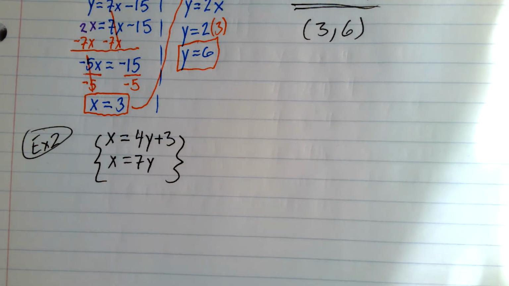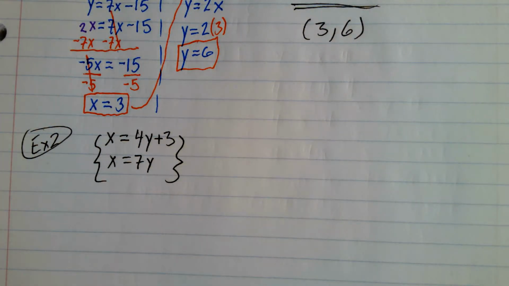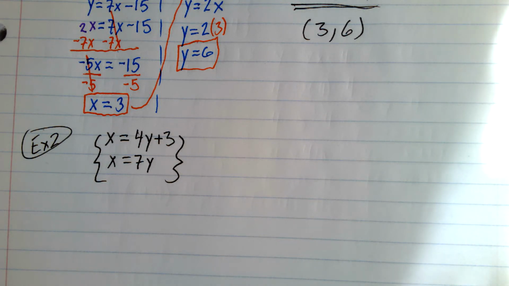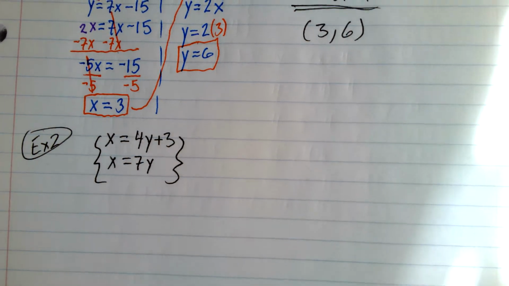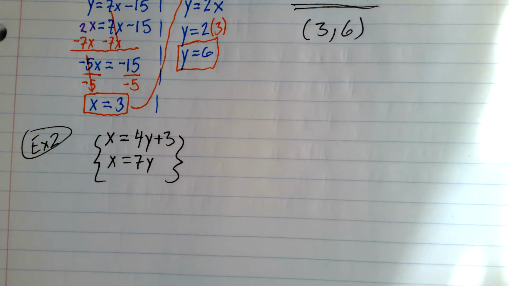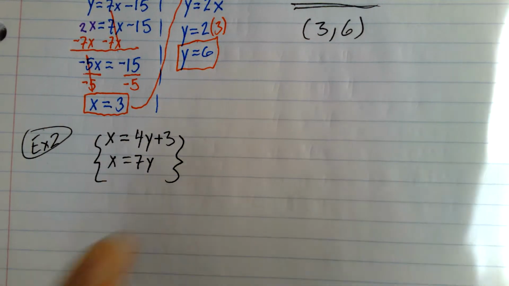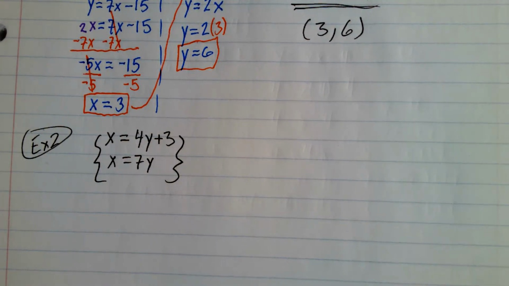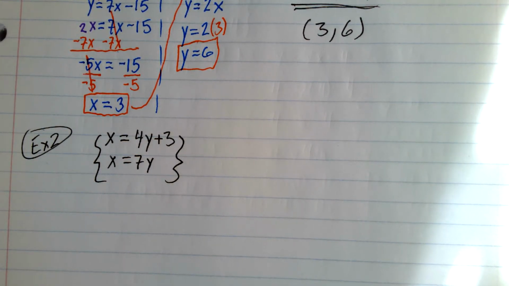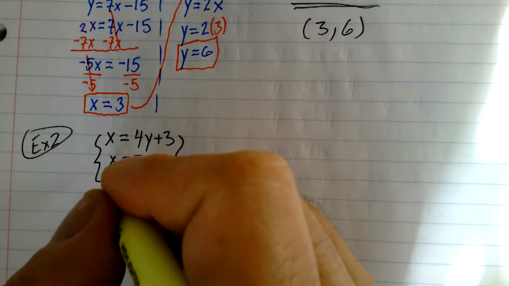So here's our system that we want to solve. Now, same question as before. Which of these two equations is easier to work with, as far as we want to get one with a variable by itself, and we have 2, but which one would be easier to work with for substitution?